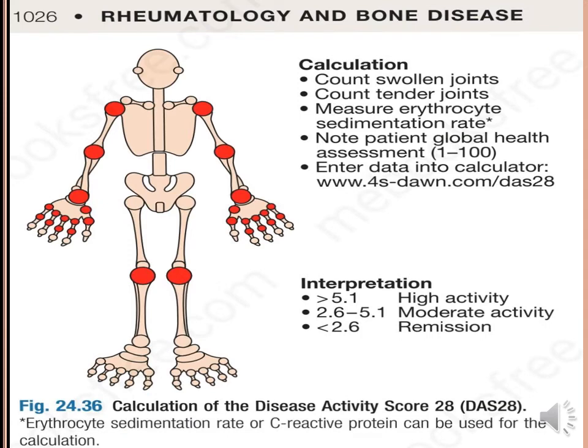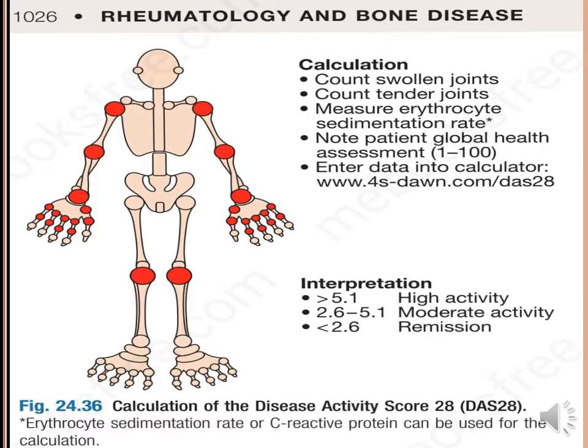Similarly, when a diagnosis of rheumatoid arthritis has been established and a patient is being treated for RA, to monitor the disease there is another score called Disease Activity Score 28, which is a universally accepted score. In this scoring system, again we have certain parameters to count.